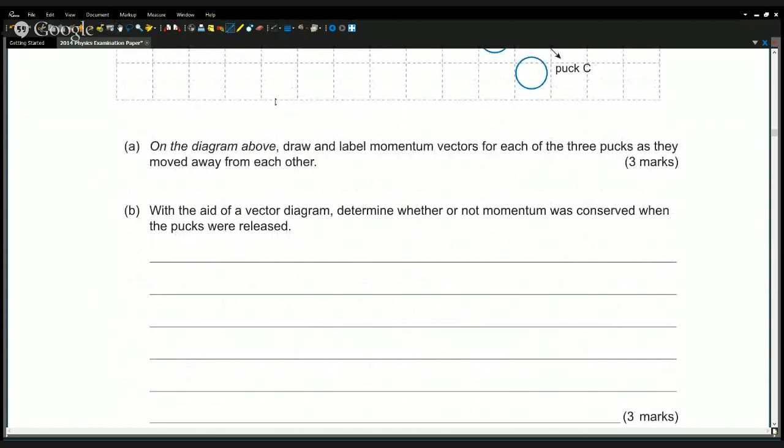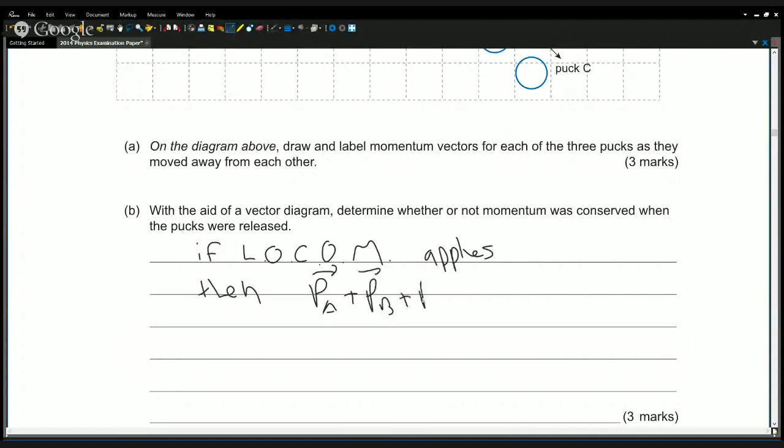Okay, so the question is, if conservation of momentum applies, then momentum A plus momentum B plus momentum C equals 0.